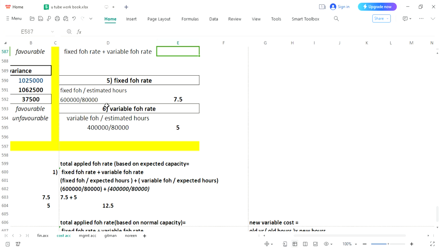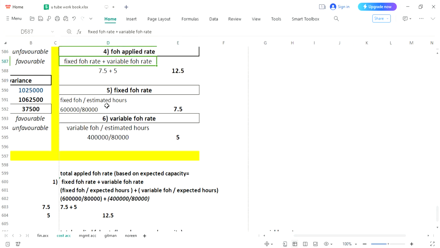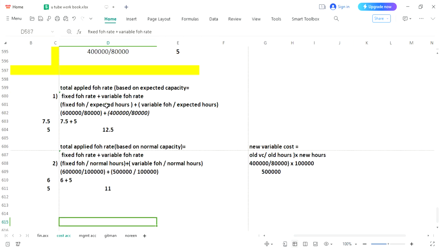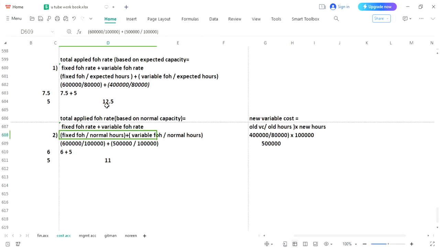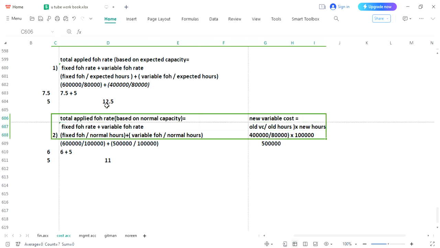Then you were supposed to add 7.5, which was fixed FH rate, and variable FH rate was 5. Put it on your calculator. 7.5 was added with 5, you have got applied FH rate. Same work has been done, but the only twist or only different factor was these items.